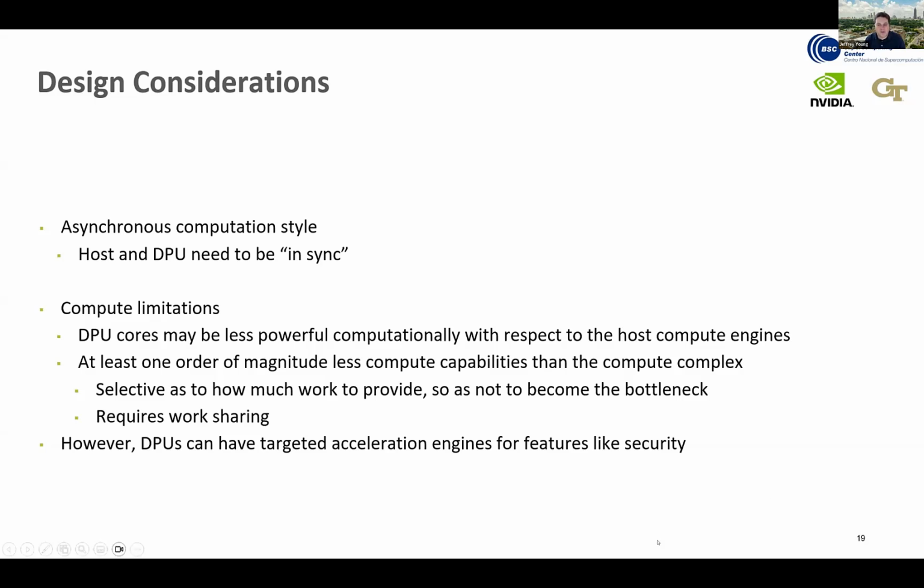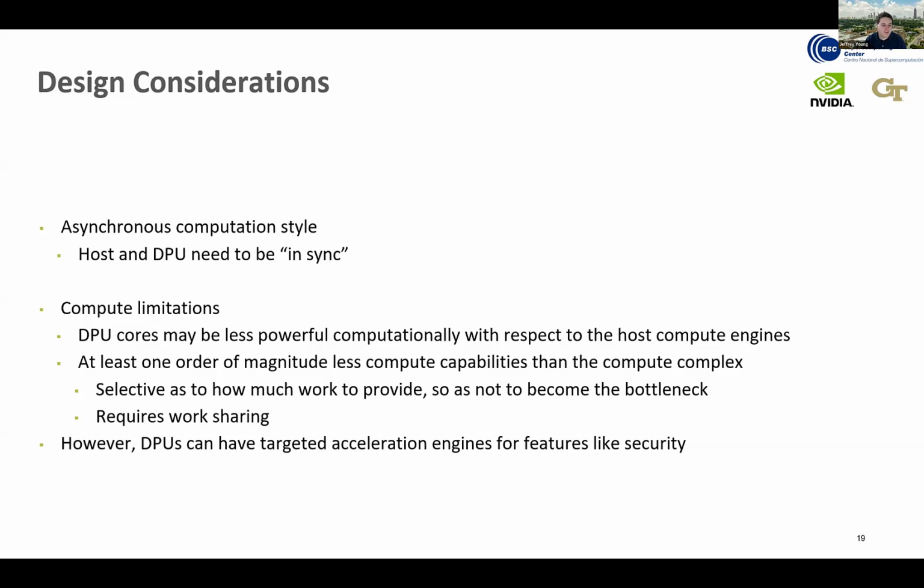One of the key things to note, as I mentioned, is that the DPU cores are less powerful computationally than your hosts. There's this concept of, okay, maybe I should just make my SmartNIC way more powerful, and then I can just make my host smaller. That is one concept. We would like to look at how we accelerate applications so that maybe we can take some of the resources that we would need to allocate to the host CPU.